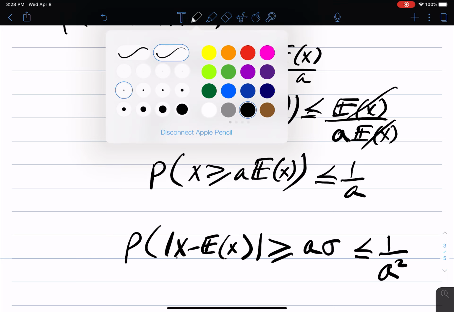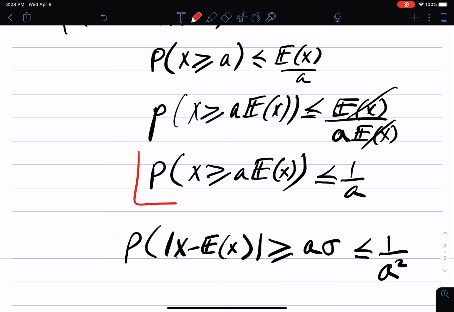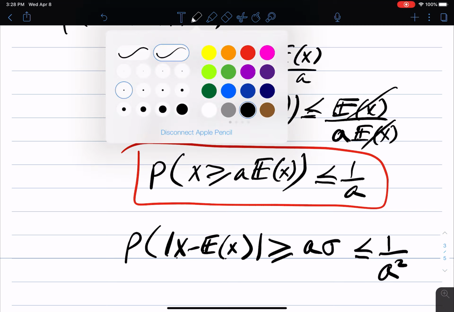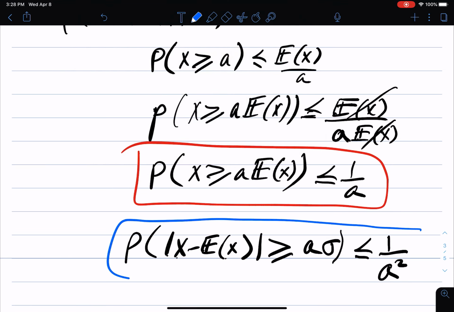From Markov's inequality, the probability that x is farther than A times the mean is bounded by 1 over A. If I look at Chebyshev's inequality and use that special constant, A sigma, where sigma is the standard deviation, then this bound is 1 over A squared.